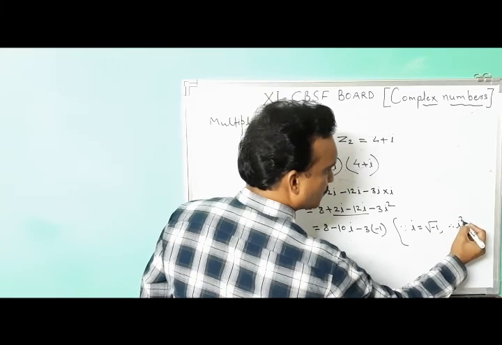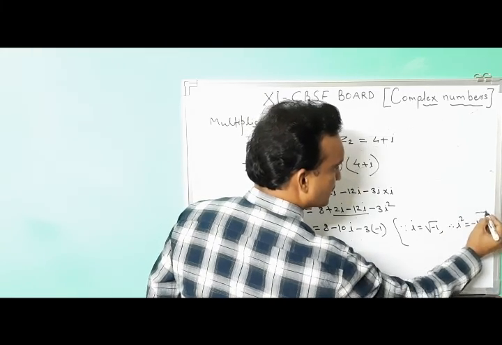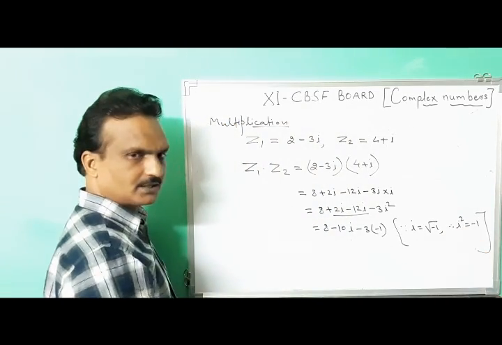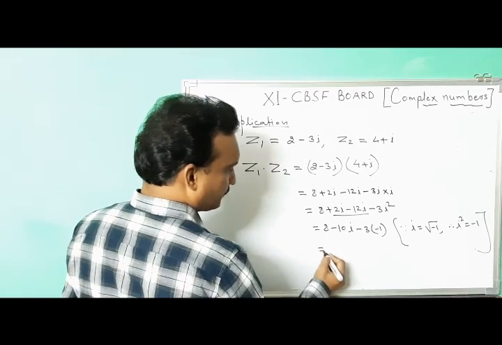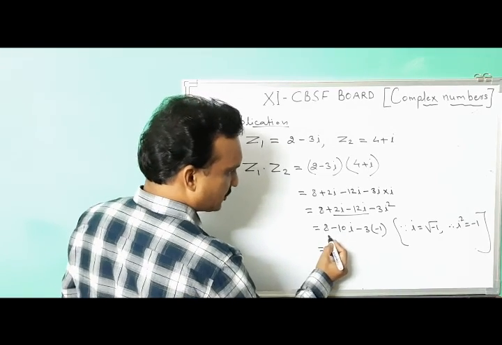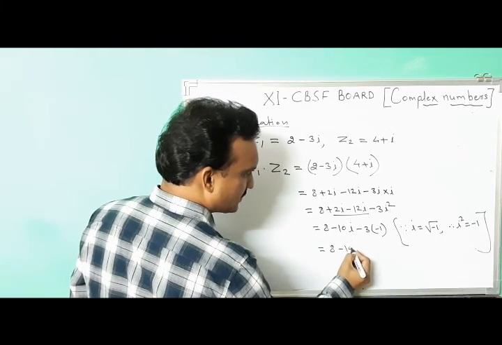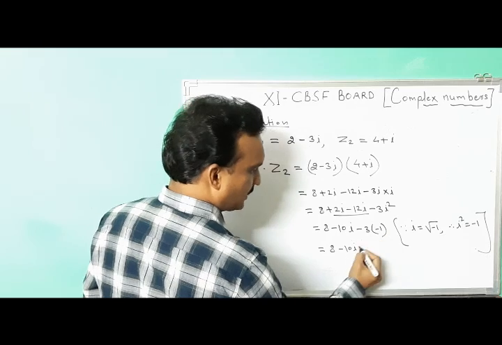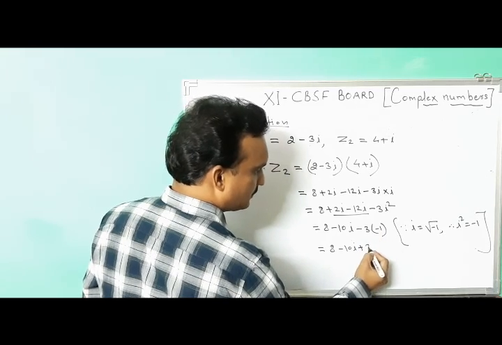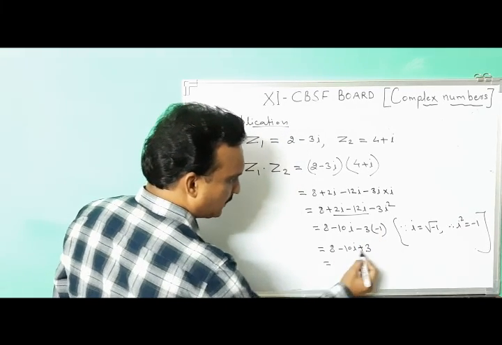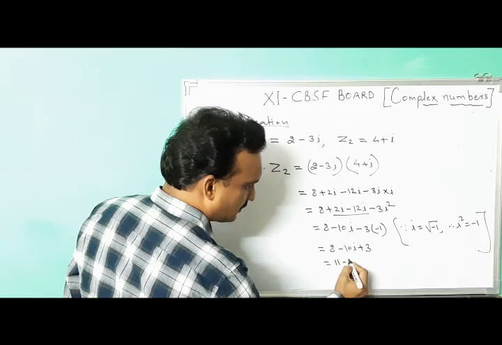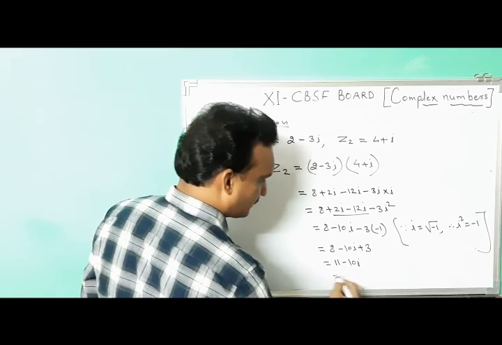Therefore, i square will be minus 1. Correct? So, 8 minus 10i, minus into minus plus 3 into 1, 3. 8 plus 3, 11 minus 10i.